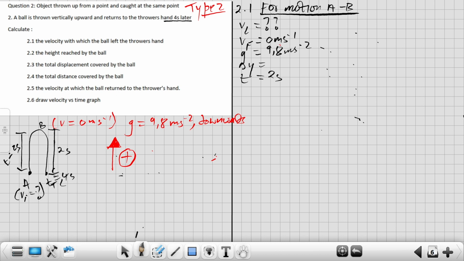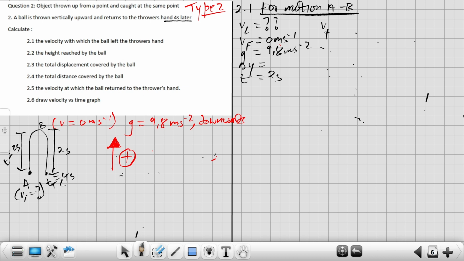You can see that this T equal to 2 seconds was given by applying symmetry. But V final being equal to 0 is the science concept that we need to apply, the concept that allows us to answer questions the right way. So all the information is there.